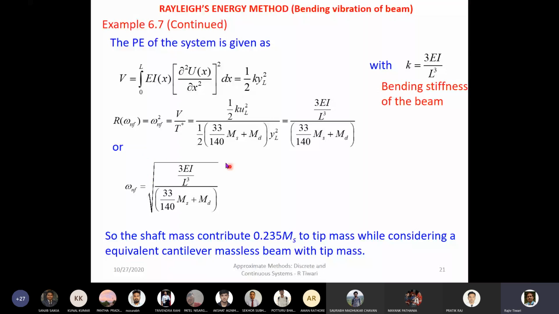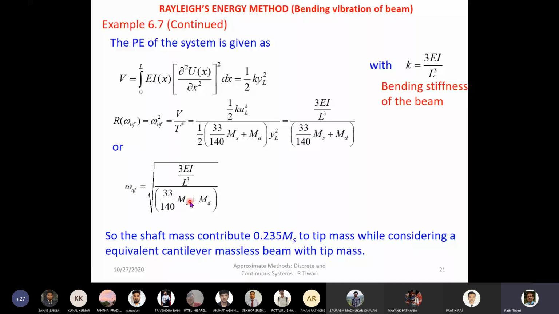Here you can see this is the stiffness of the spring, of the cantilever beam, and this is the equivalent mass. The disk mass is there, and if we want to consider the mass of the shaft, I think we'll get around 0.235 ms. So this much mass we need to add to the disk, and if we consider the shaft as massless, that will give the same natural frequency as the continuous system.